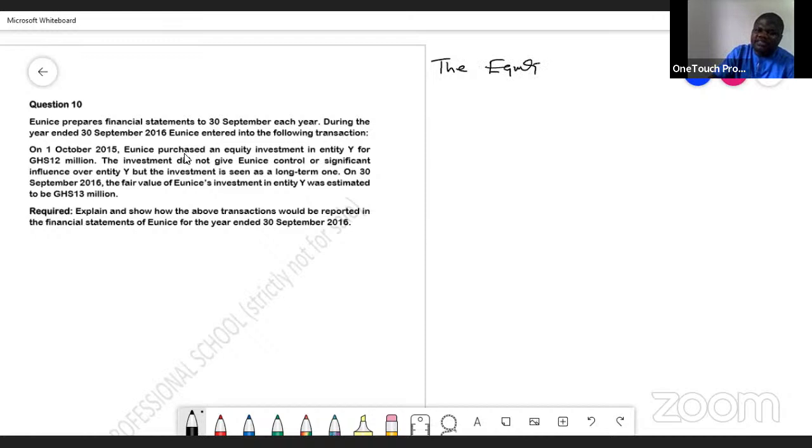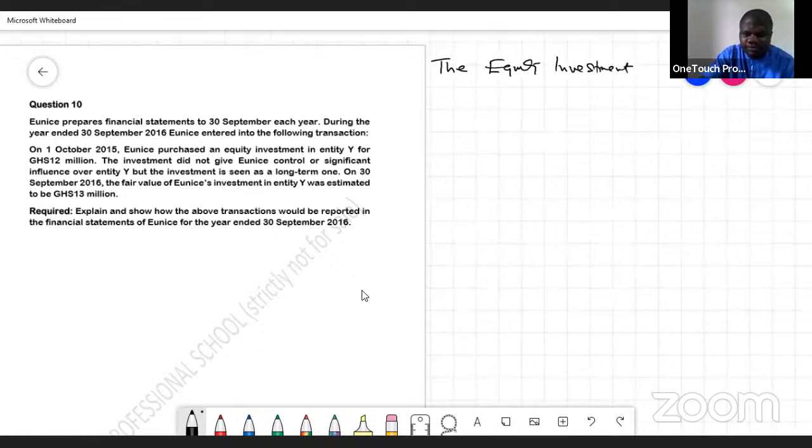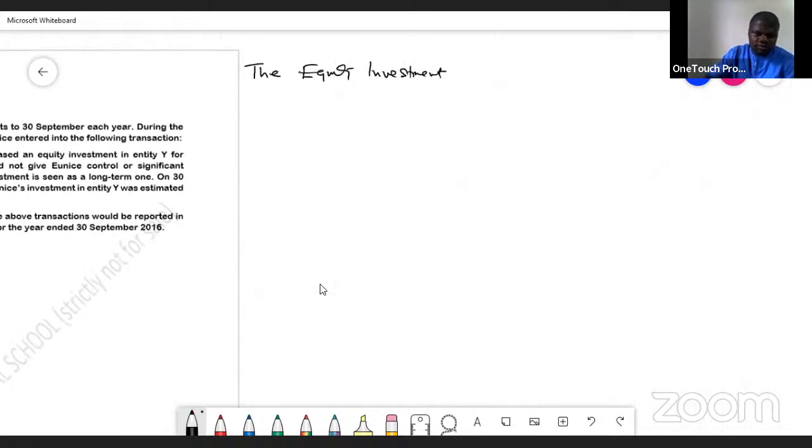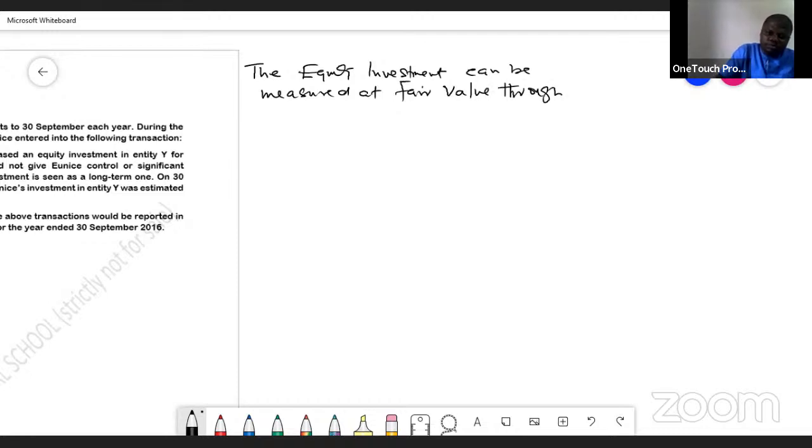You only say that the equity investment can be measured at fair value through P&L.